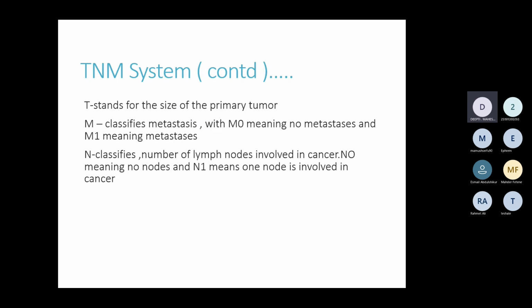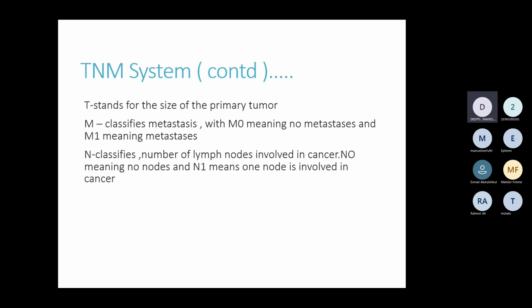So this information of staging is very important for deciding the treatment. Also, the differentiation should be known, whether the tumor is poorly differentiated, highly differentiated or moderately differentiated, and on that basis also the doctors decide what treatment has to be given, because differentiation helps in understanding whether the tumor is fast multiplying or slow multiplying, whether it is an aggressive tumor or a slow moving tumor.